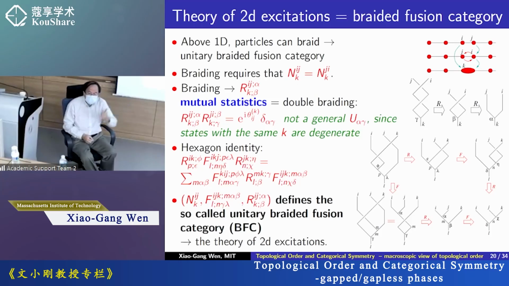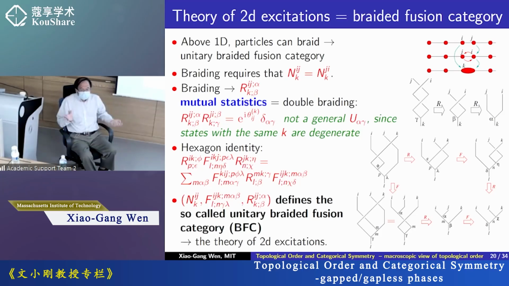There's a little bit of a twist. Usually when you say we have two anyons with mutual statistics theta_ij, that's it. But here, i and j may fuse into k, maybe several different k. It turns out that depending on the fusion channel, this phase factor may be different. So this mutual statistical angle not only contains theta_ij, it also has a k dependence.